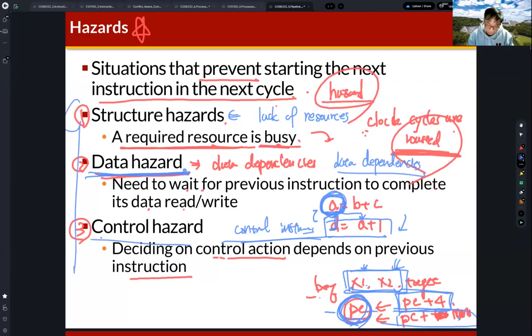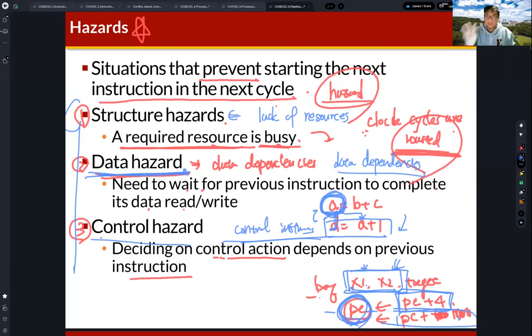So there are three different categories of hazard. Firstly, we need to understand what hazards are. If clock cycles are wasted in the pipeline architecture, then this is called a hazard.